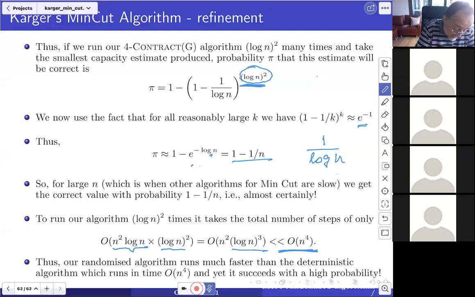So the cost is running it log n squared many times. The cost in runtime is acceptable because the number of repetitions is still only log n squared. So the total runtime is n squared log n cubed, which is still much better than n to the 4th.